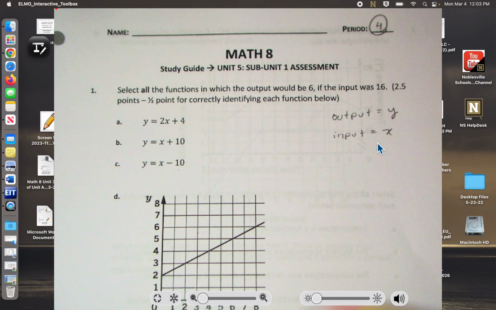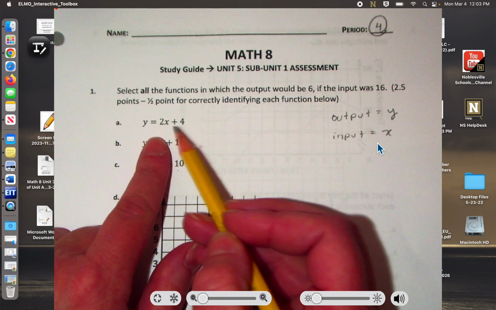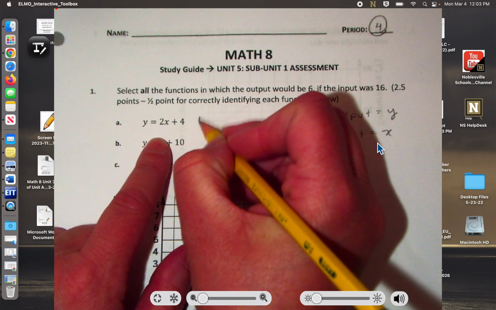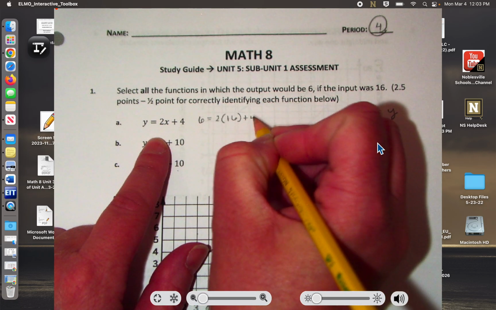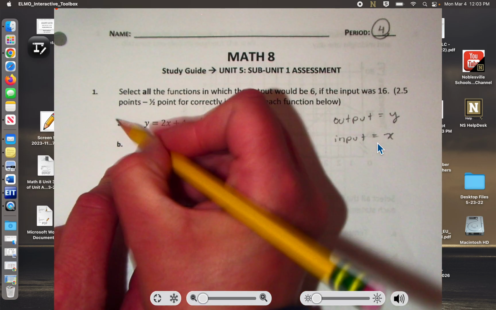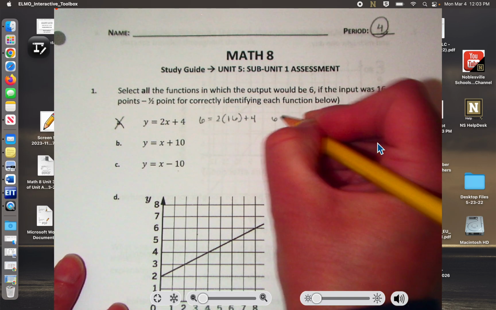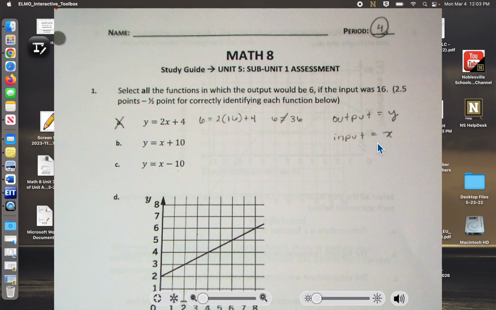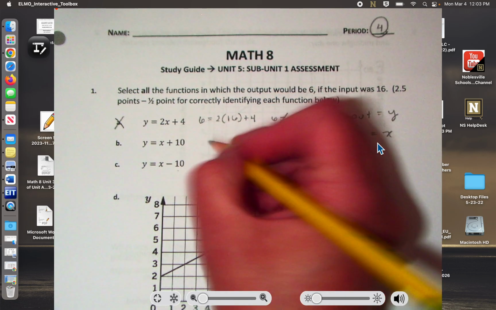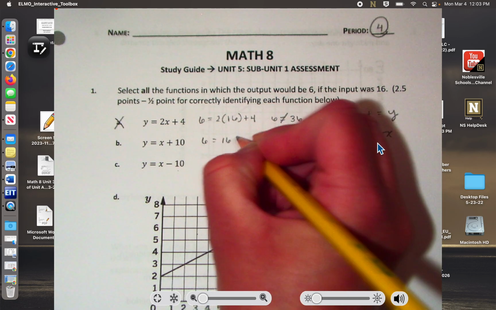Okay, so if I were to do A, if my output is 6, does 6 equal 2 times 16 plus 4? Absolutely not, right? 6 does not equal 36. Okay. How about for B? Does 6 equal 16 times 10?